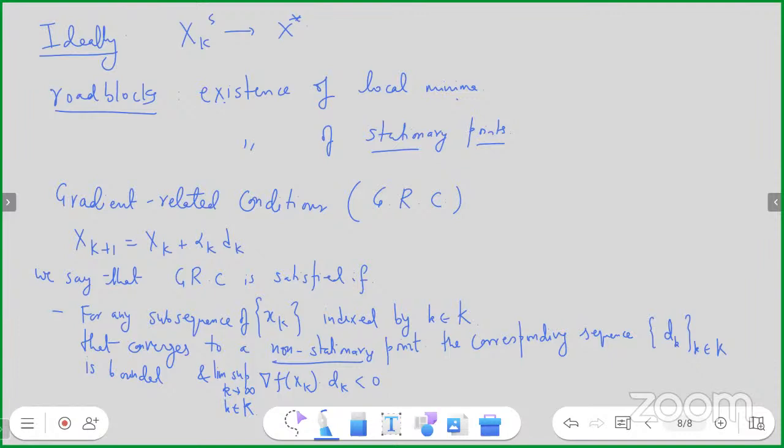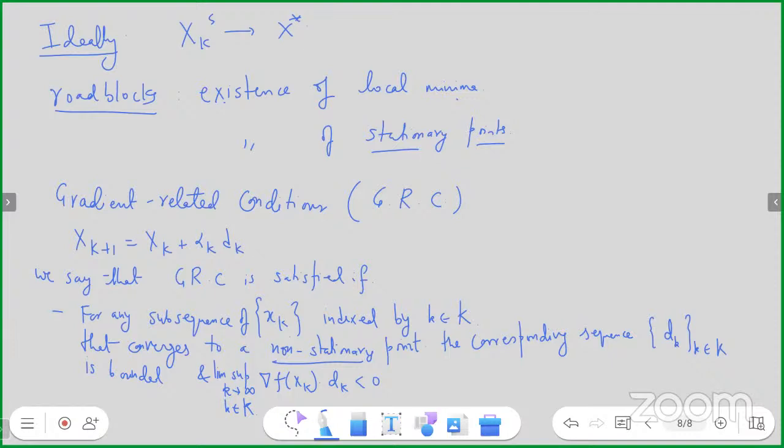What are the two conditions? So look at our iterative algorithm. When do we say that GRC is satisfied? Look at any subsequence of this sequence which is going to a non-stationary point. If there is none, then we are okay. Look at that subsequence, and along it, the corresponding direction sequence d_k should not go unbounded, essentially in norm.